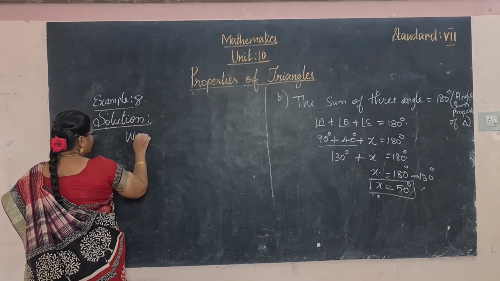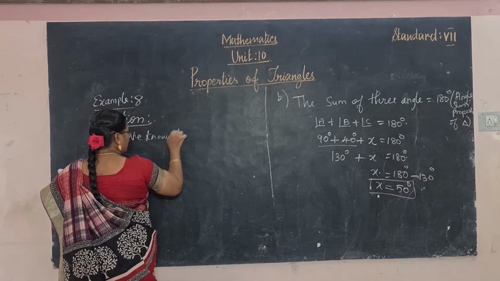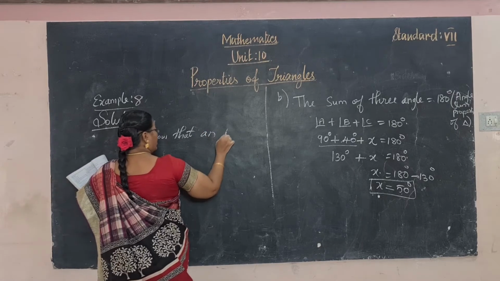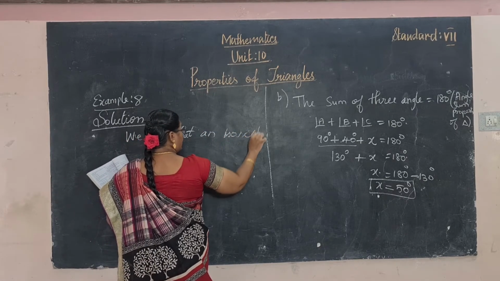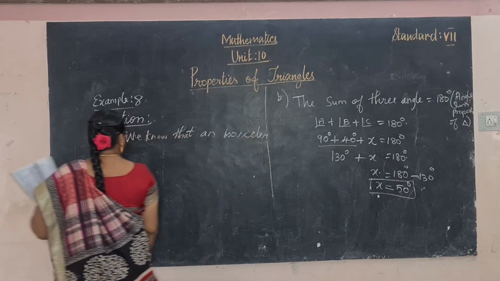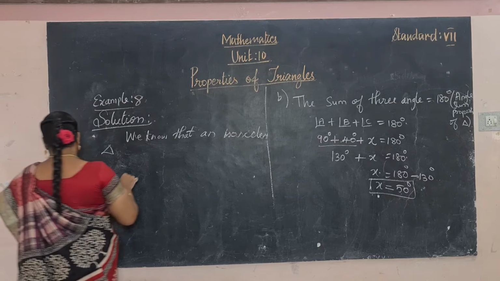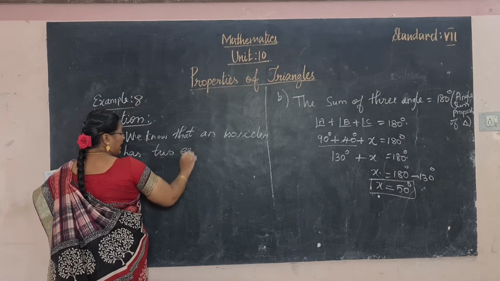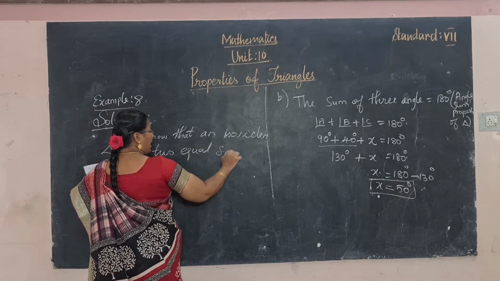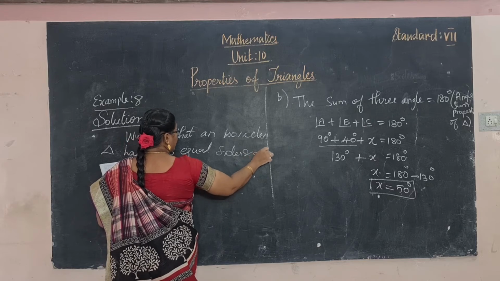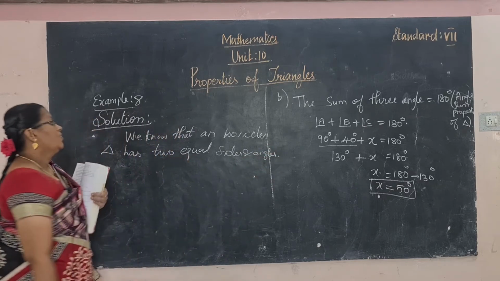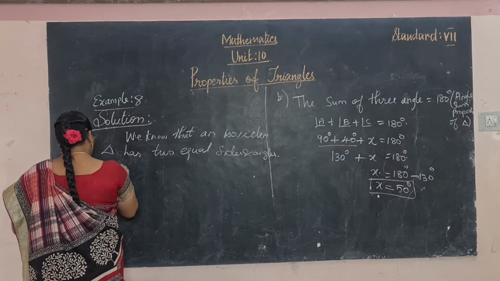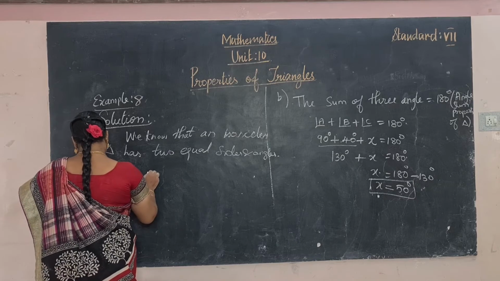So we know that an isosceles triangle has 2 equal sides and angles. Okay, so let us consider x.